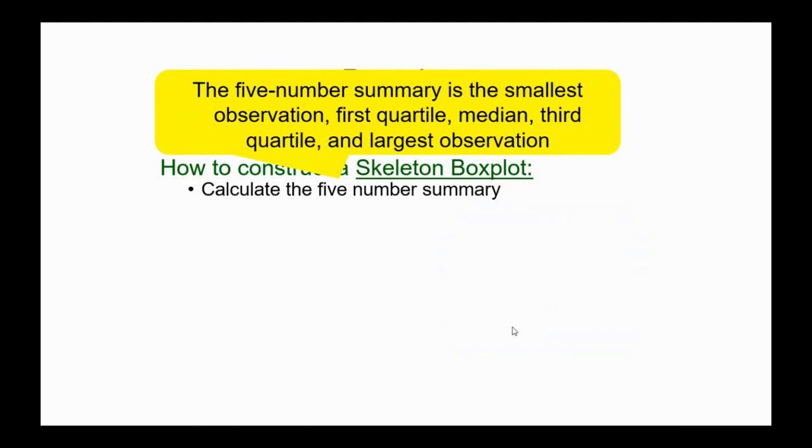So we need to know the smallest observation, which we just call low, the first quartile, the median, the third quartile, and the largest observation, which I just call high. So we need to know our quartiles and then low and high.